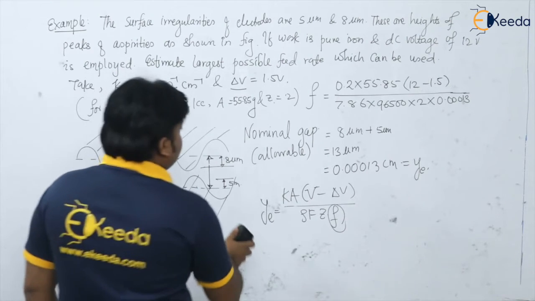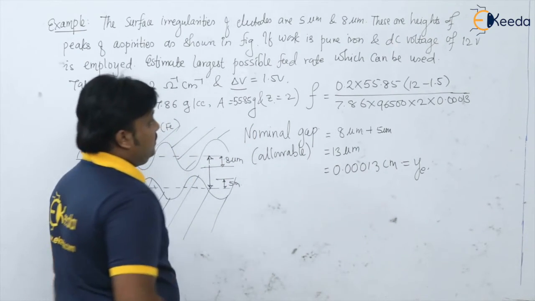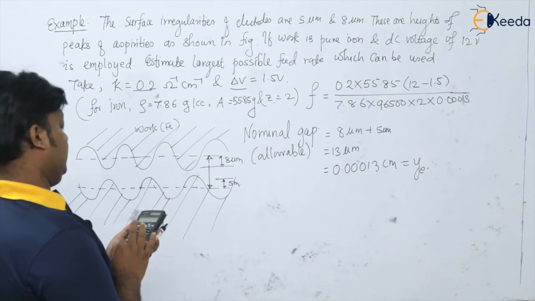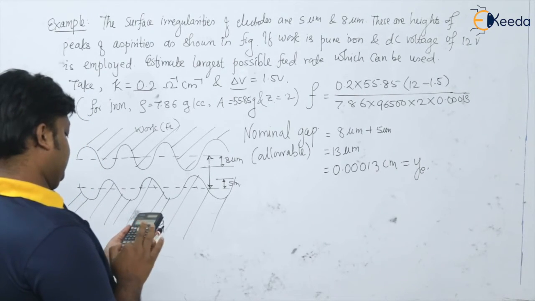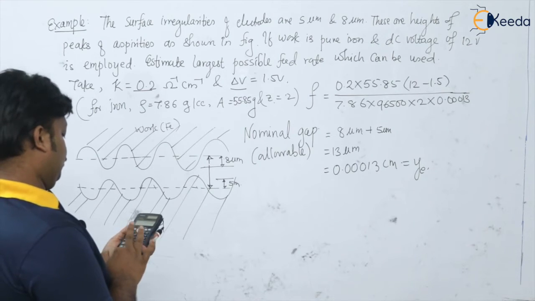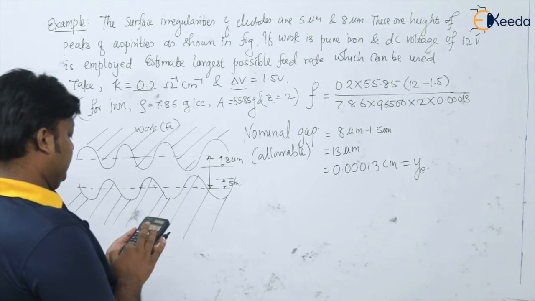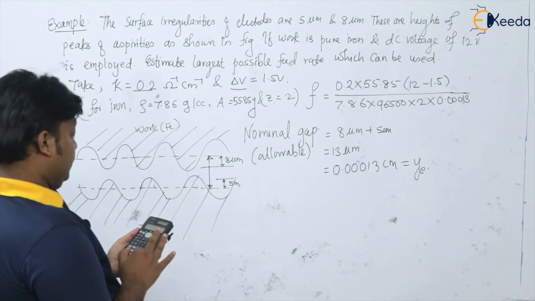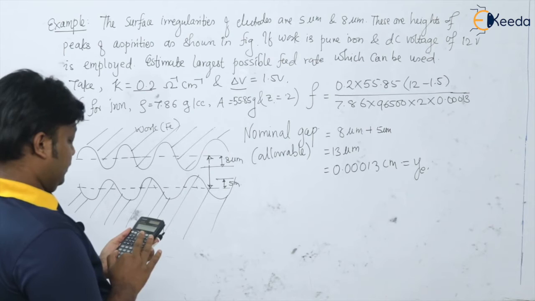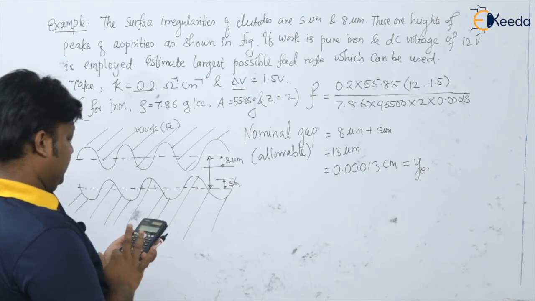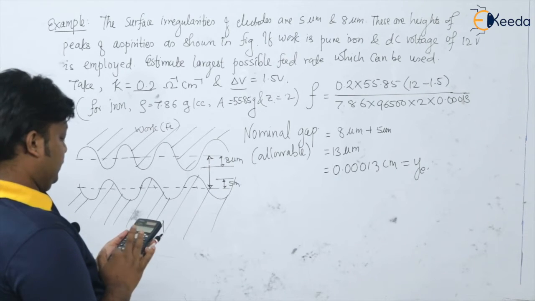So let us calculate and tell me the answer. So it will be 10.5 into 0.2 into 55.85 divided by 96500 divided by 7.86 divided by 2 divided by 0.00013.